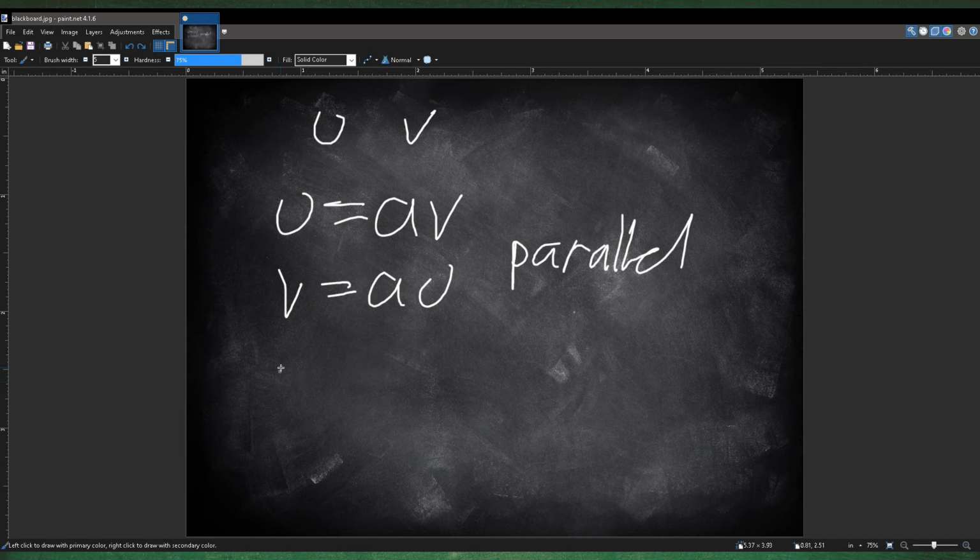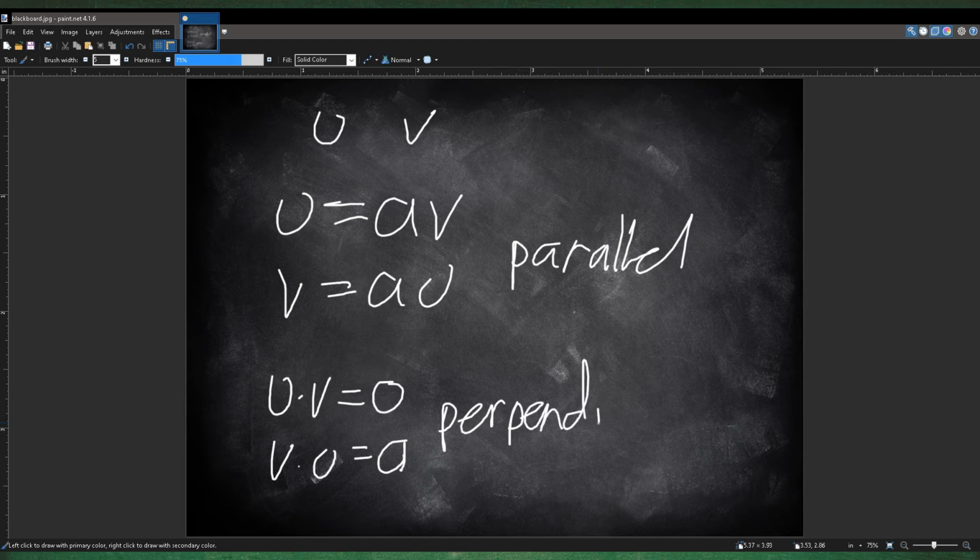The other property that's really unique is that if the dot product u·v is equal to 0, or v·u is equal to 0, since we said it's the same, then the vectors are perpendicular.